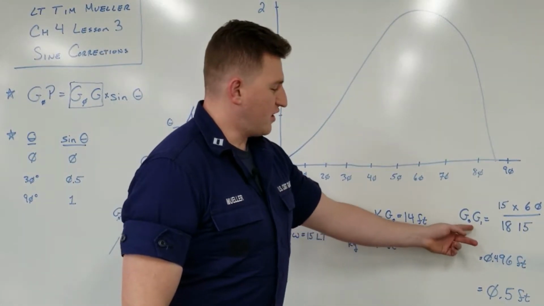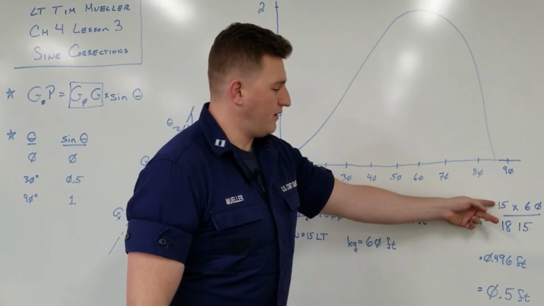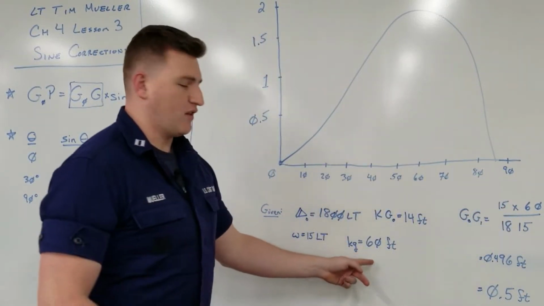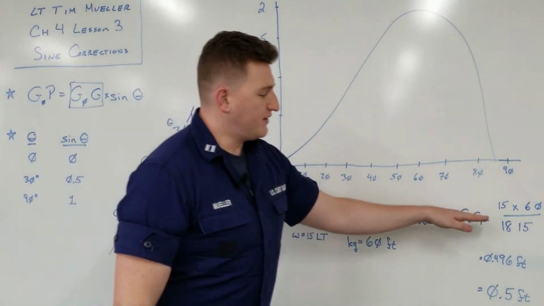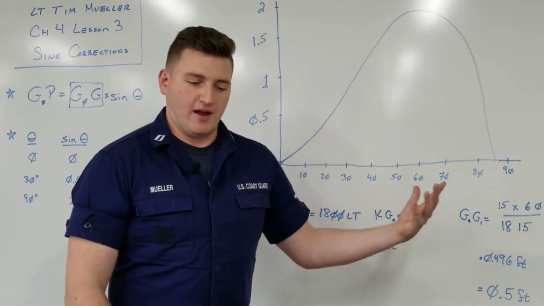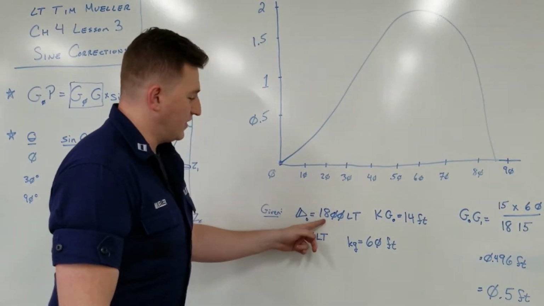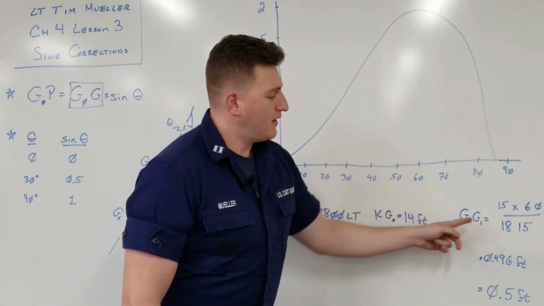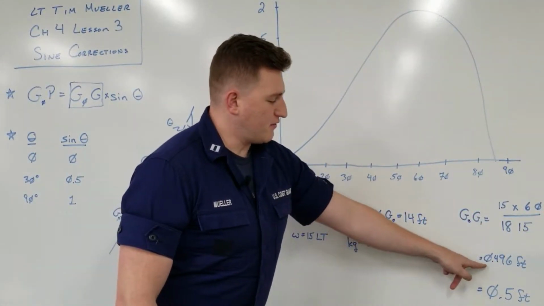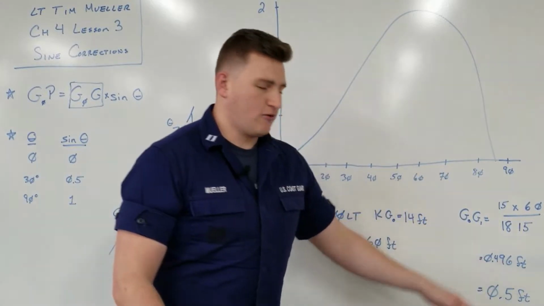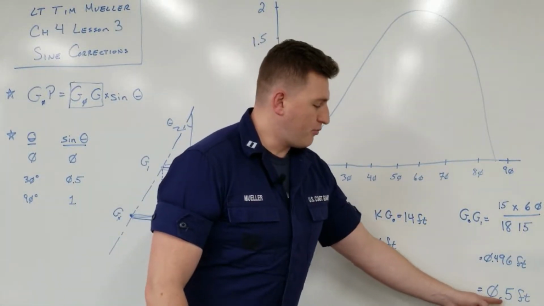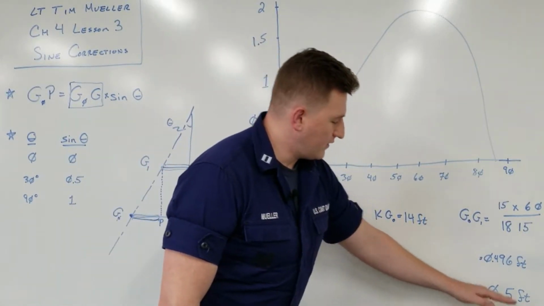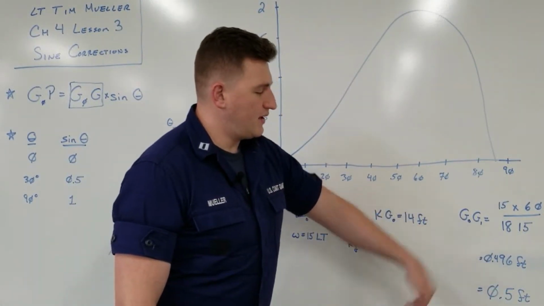So your GG1 is going to be your weight, which is 15 long tons, times 60, the location where we put it, divided by the total displacement of the system, which is the 1,800 long tons plus 15, which is 1,815. Then you do this math, and you get 0.496 feet, or if you just round that up, 0.5 feet, and that's a much easier number to work with. This here is our GG1.